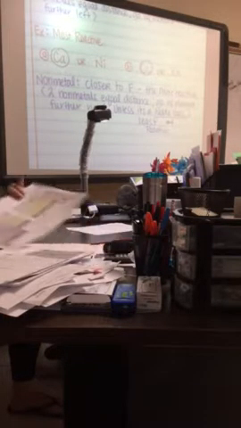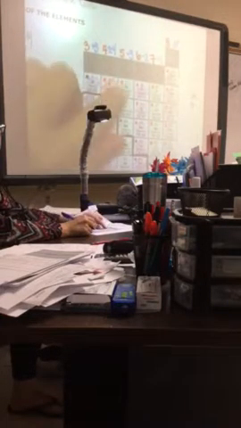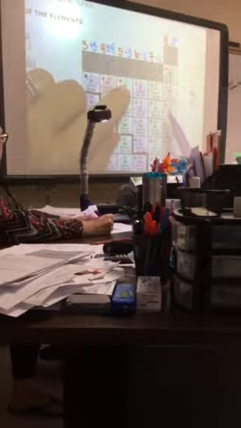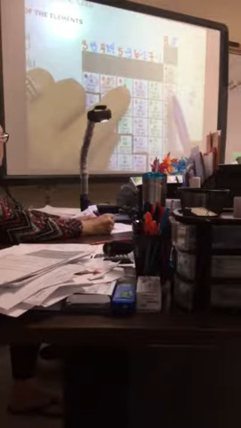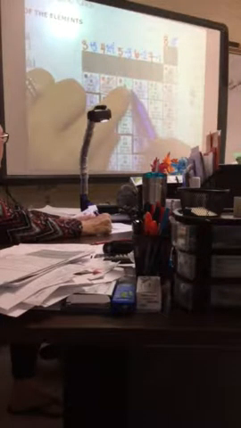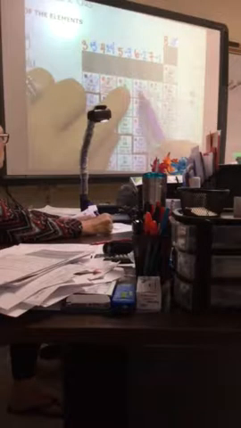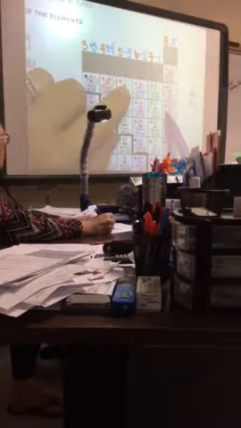So in other words, if we were comparing nitrogen and argon, all right, here's nitrogen and here's argon. So they're each only one away, or two away, depending on how you're counting it, from fluorine.